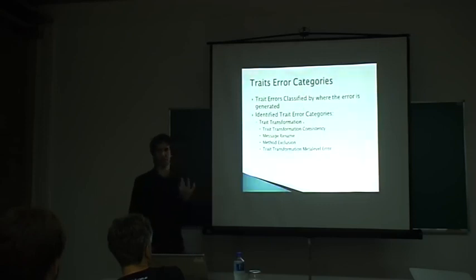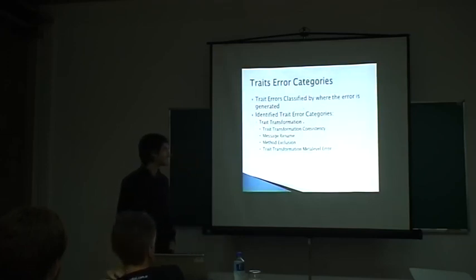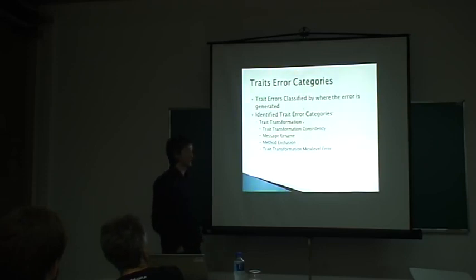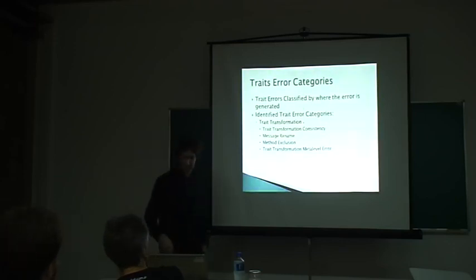You can produce an error trying to make a transformation. Also, you can try to apply trait transformations in one class method to a metaclass method, or vice versa. So those kinds of errors are the trait transformation related errors.